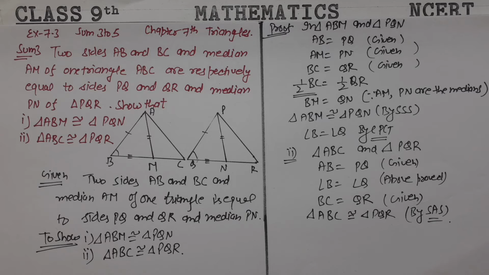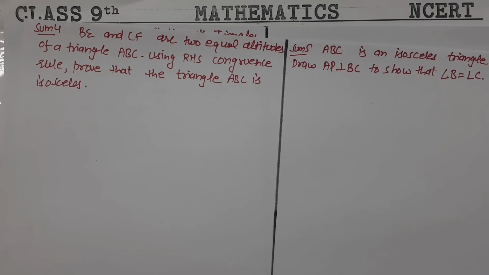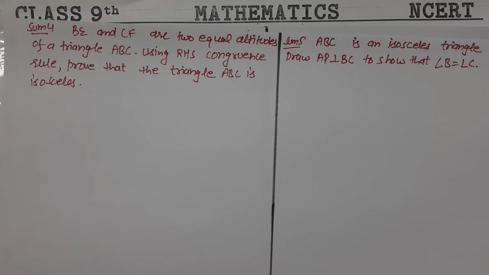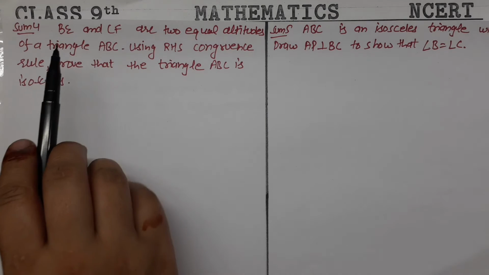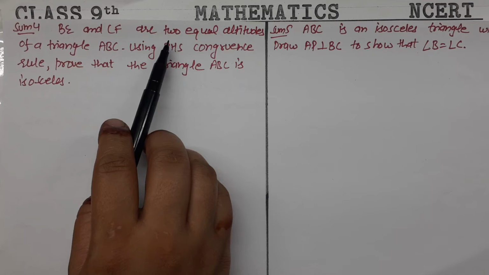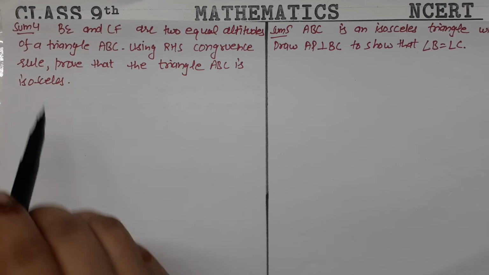Now the next question, sum number 4. BE and CF are two equal altitudes of triangle ABC.